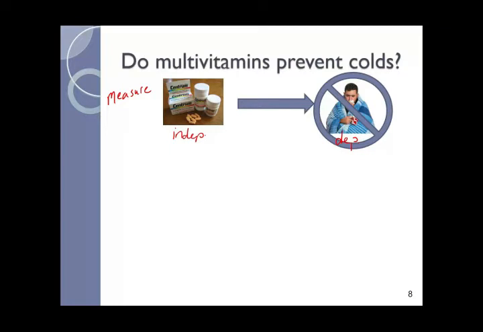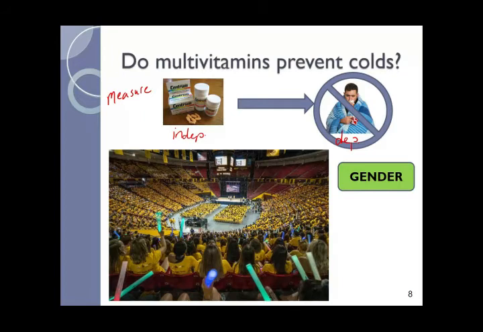How do we actually design the study? Well, we need to take into account things like gender and a few other demographic bits. How might we do that? Well, let's just take a stadium full of women. I mean, we want a big sample size, right? Let's take the freshman class coming in to Arizona State University. A lot of studies are done on college students, because they're a big cohort, and they're all kind of about the same.